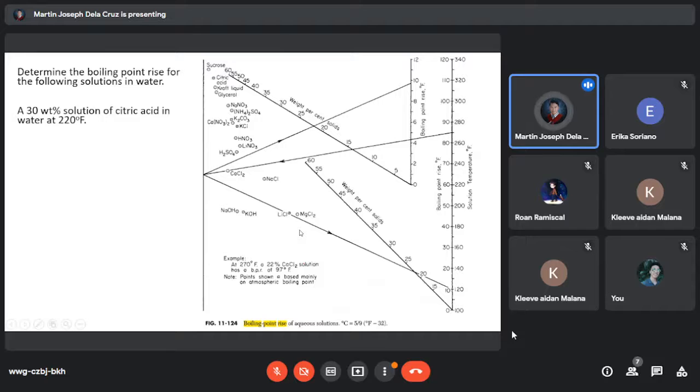So, may nakapag-introduce na ba sa inyo kung paano kumuha ng boiling point rise? Class? Guys pala? Meron na ba? Did you use this figure na in your recent subjects or courses? Or nakalimutan lang? Ano, nagamit nyo na ba to, class? Sa handbook?